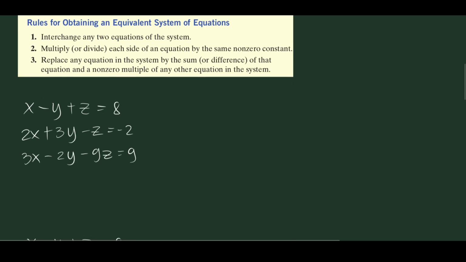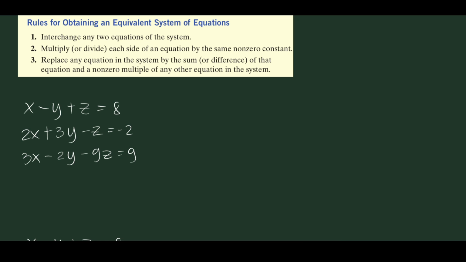Then you can also multiply or divide each side of an equation by the same non-zero constant, say 1/8 or whatever you choose. And then replace any equation in the system by the sum of that equation and a non-zero multiple of any other equation in the system. We will see that later.